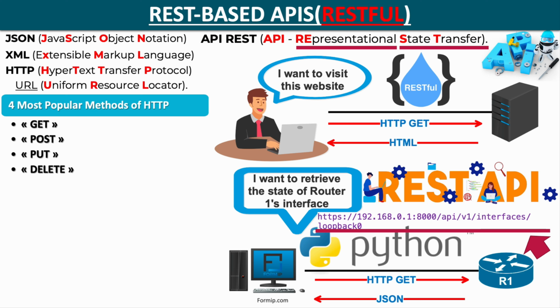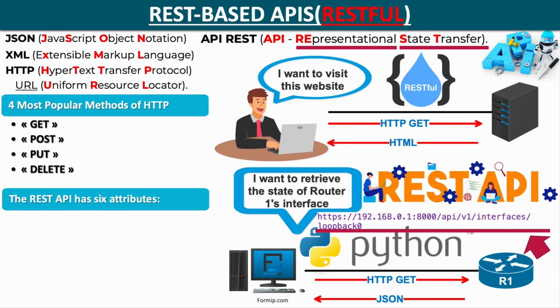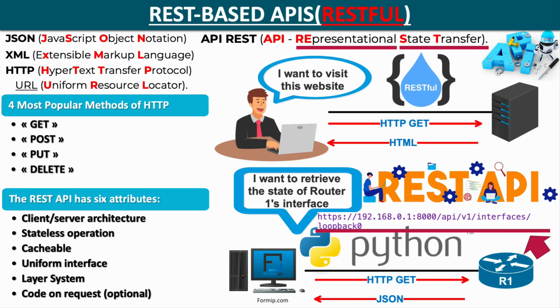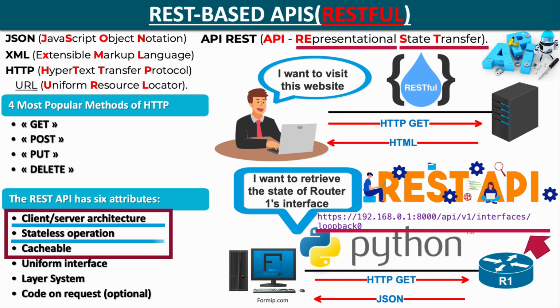The REST API has 6 attributes, which are client-server architecture, stateless operation, cacheable, with cache memory, a uniform interface, a layered system, and code on demand, which is optional. The first 3 of these attributes are at the heart of how a REST API works.